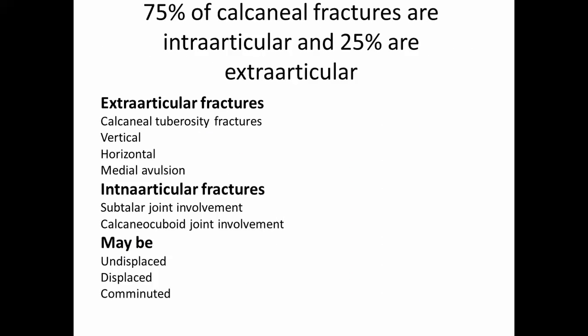75% of calcaneal fractures are intra-articular and 25% are extra-articular. It may be vertical, horizontal, or tuberosity fracture. Intra-articular fractures involve the subtalar joint and the calcaneocuboid joint, and may be undisplaced, displaced, or comminuted.